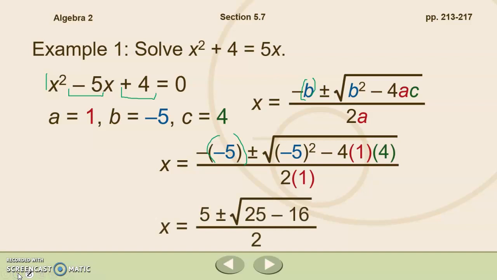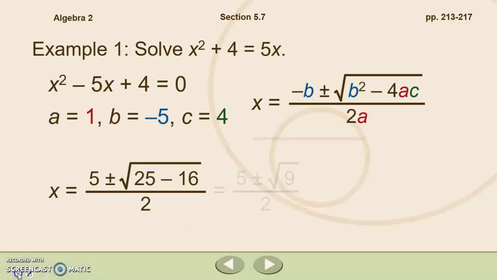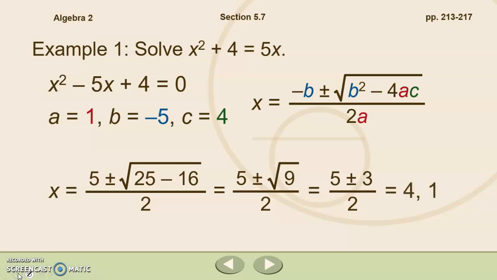We get 5 plus or minus the square root of 25 minus 16 over 2, which simplifies to 5 plus or minus the square root of 9 over 2, which simplifies to 5 plus or minus 3 over 2, which simplifies to 5 plus 3 over 2, that's 8 over 2, which is 4, and 5 minus 3 is 2 over 2, which is 1.